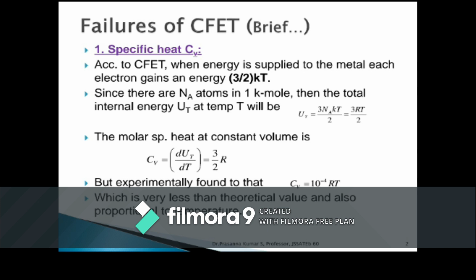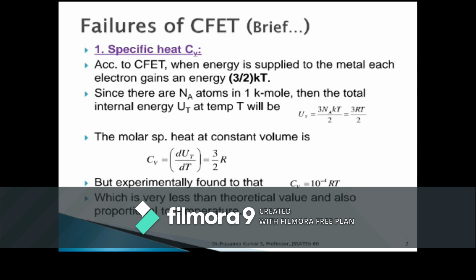In 1 kilomole of substance, for example if you take carbon, there is Avogadro number of atoms, that is 6.026 × 10^26 atoms per kilomole. Each atom now gains energy equal to 3/2 kT. Each electron in the atom gains energy equal to 3/2 kT.